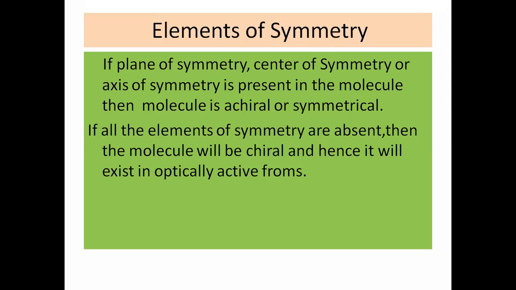And if all the elements of symmetry are absent, then the molecule will be chiral, and hence it exists in optically active forms. So we are going to see now what the plane of symmetry is.